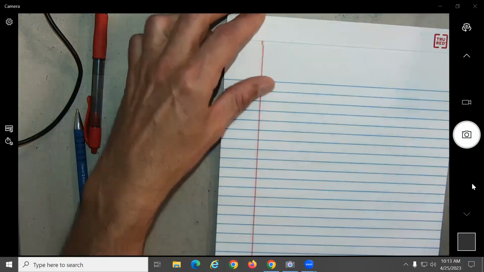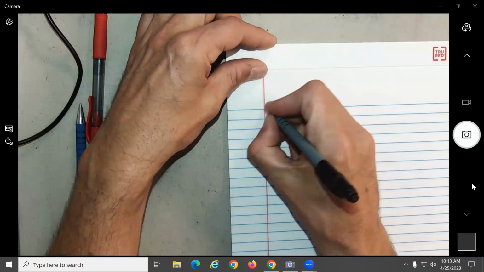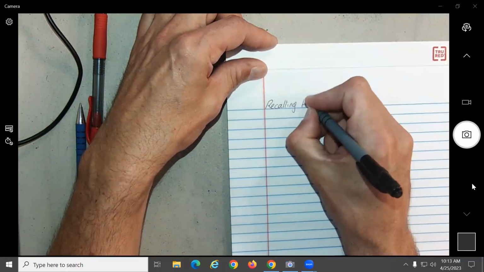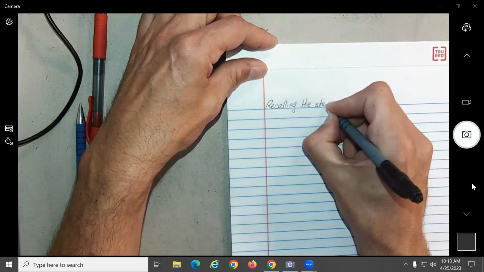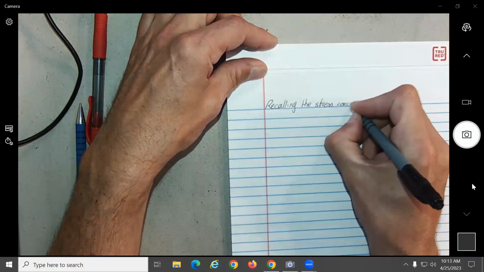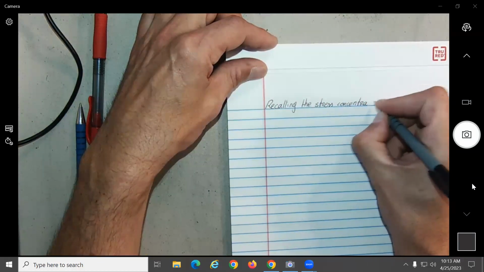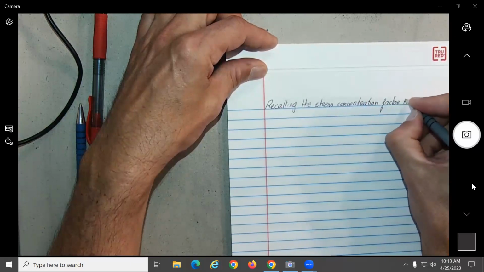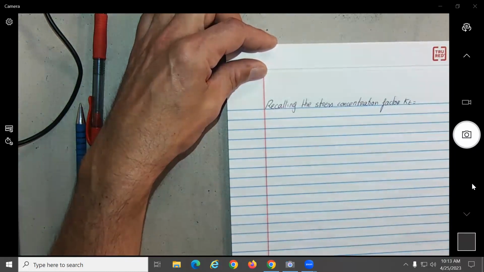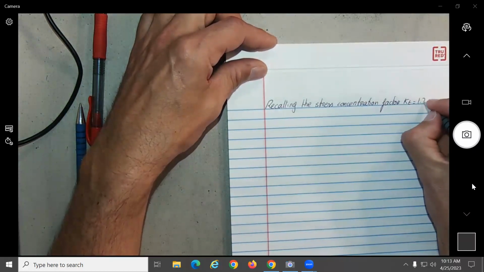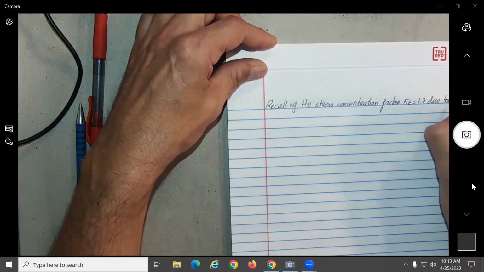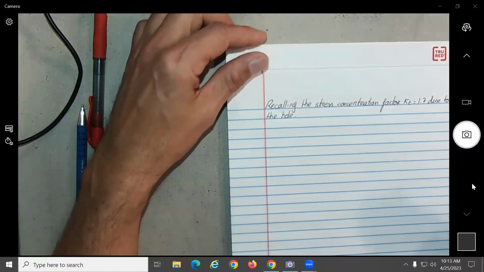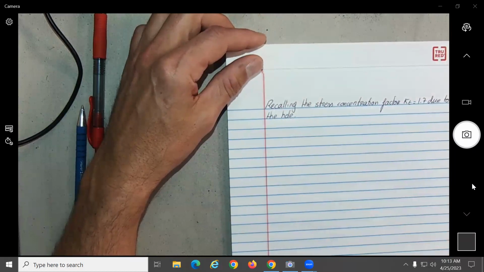All right, so let's say now we call it the stress concentration factor KT equal to 1.7 due to the hole. And the hole, let's say, was put there into the beam in order to run the wires, whatever you want.